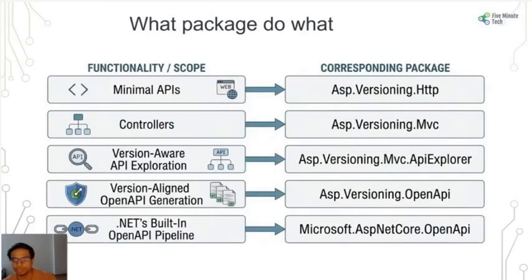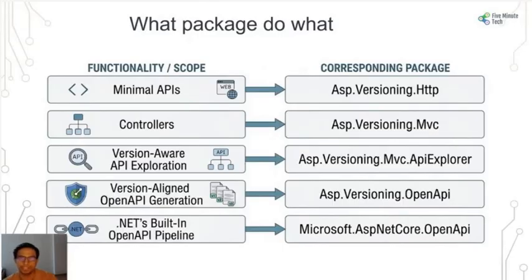Now, what packages do we want and how does it integrate into the .NET ecosystem? For example, for minimal API functionality, you will have the package Asp.Versioning.Http. For controllers, if you are using specific controllers, you will use Asp.Versioning.Mvc.